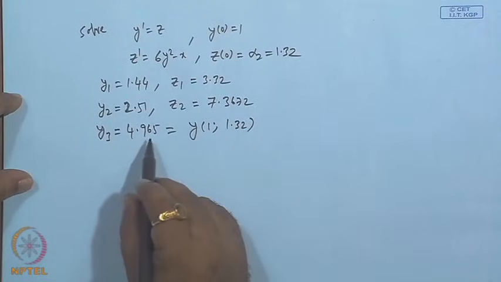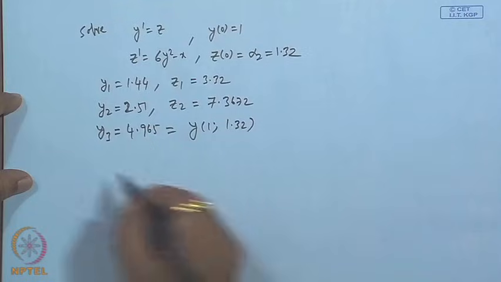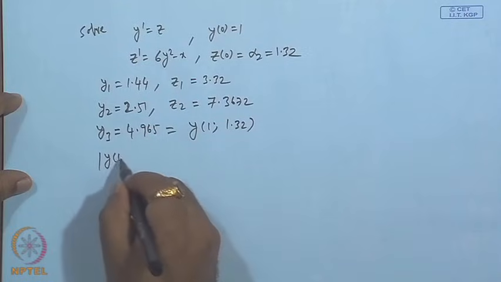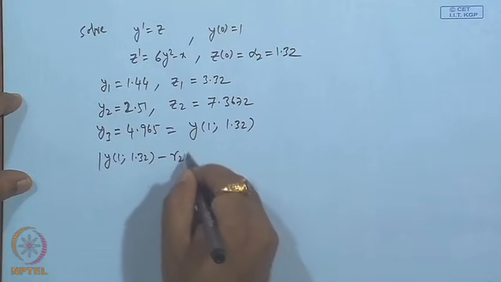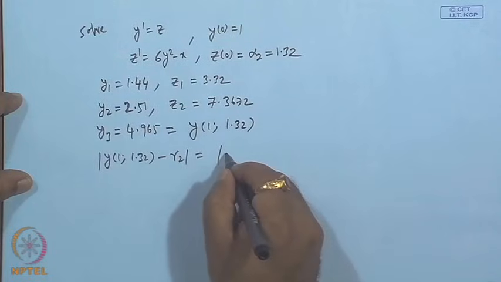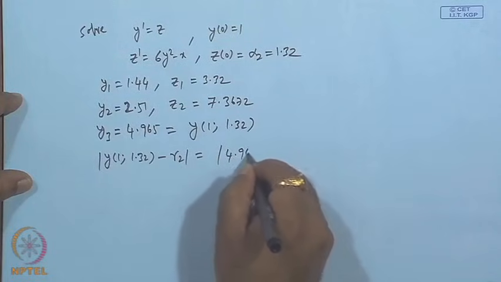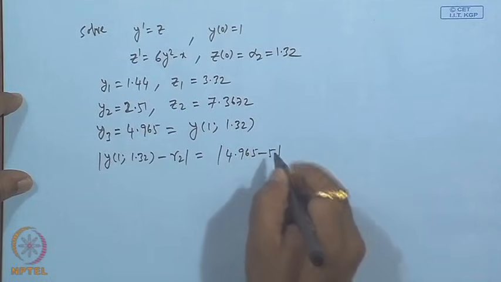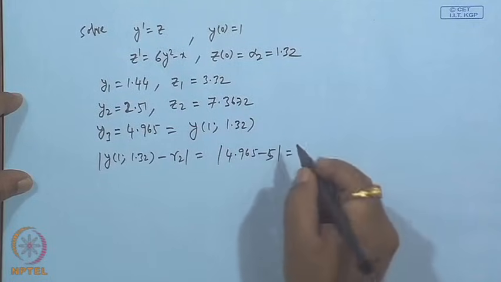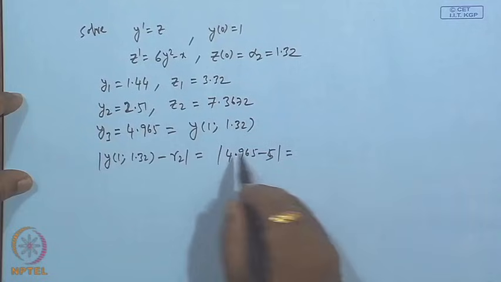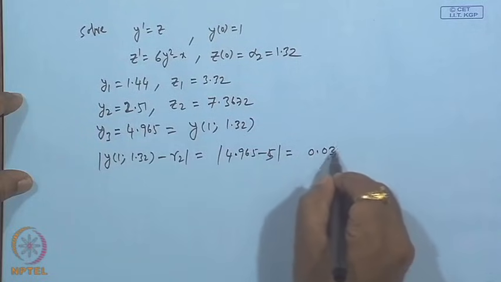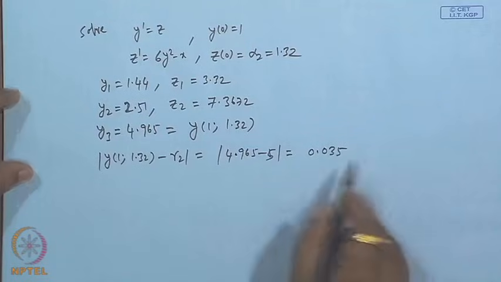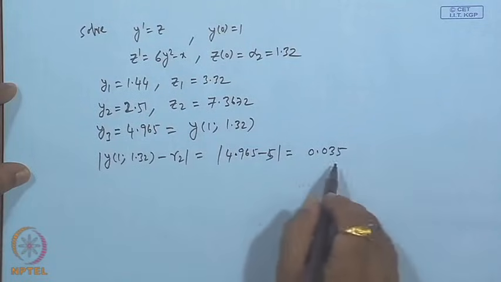Depends. So, you can check: mod y 3 minus gamma 2, so this is mod 4. So suppose you are not happy, so this is not less than epsilon.